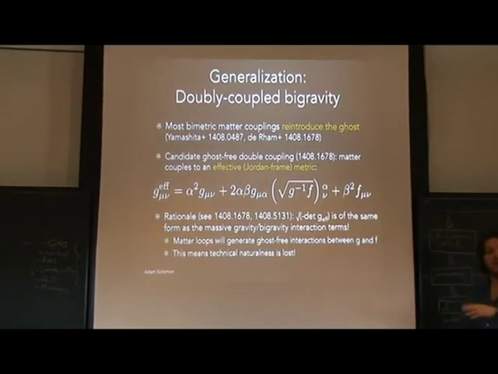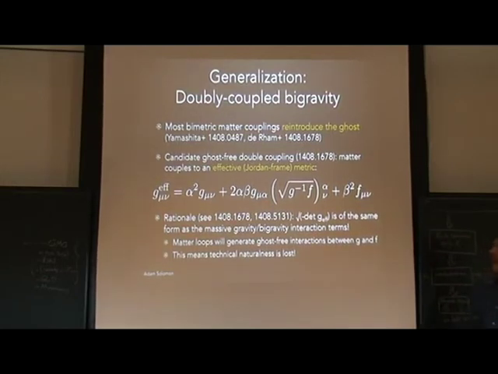And that square root of the determinant is exactly of the form of a dRGT potential. So the metric interactions that matter loops will generate between G and F are ghost-free, which is sort of a necessary but not sufficient condition to have a ghost-free matter coupling.